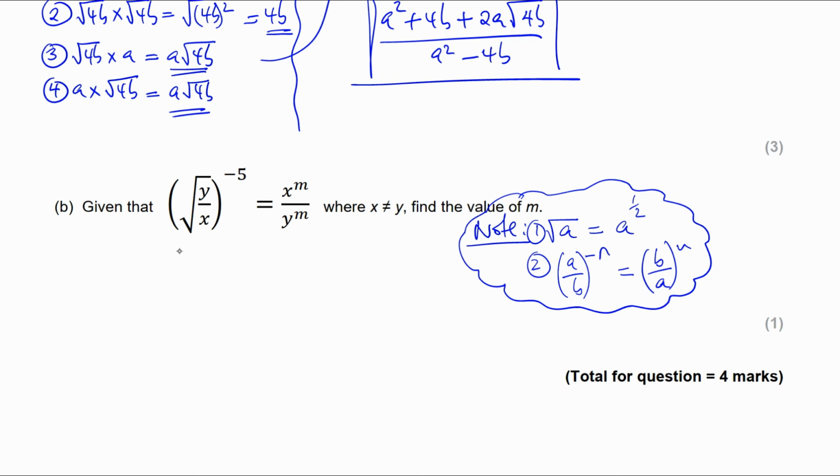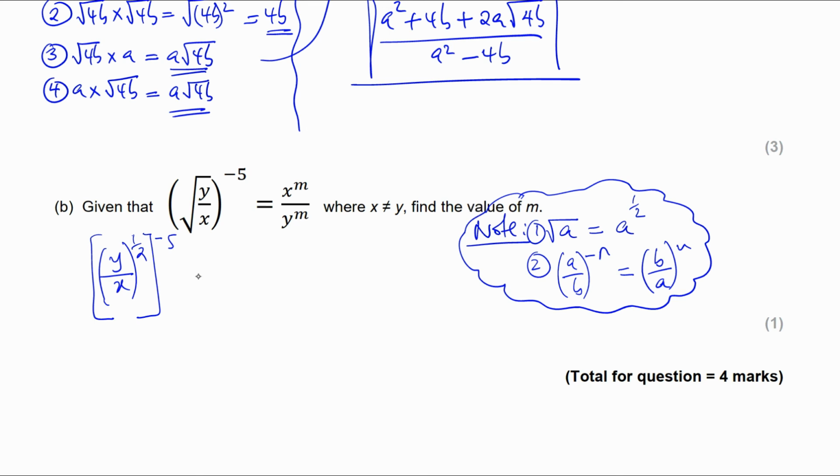So basically, let's first of all start with the square root sign. This is the same as y over x to the power of a half, and then all this to the power of -5.